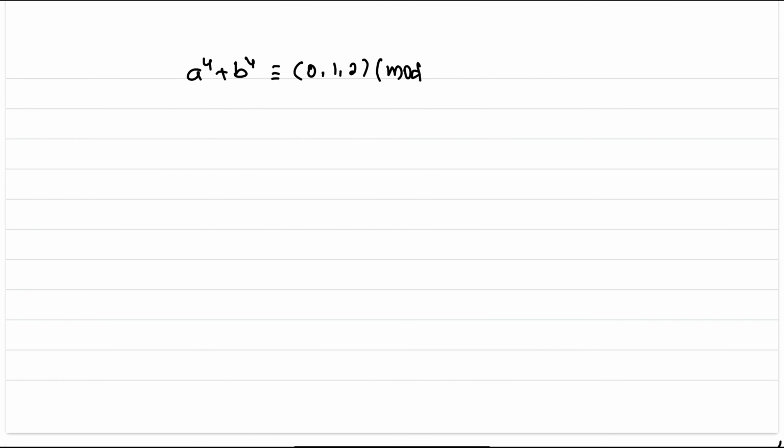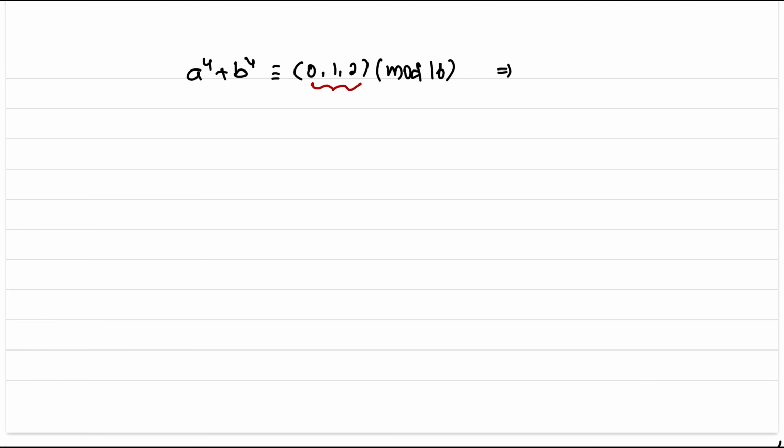Because a to the power of 4 is 0, 1 up to 15, and b to the power of 4 is 0, 1 up to 15, that means 1 plus 1 is also 2 we have to take. These values can be 0, 1, 2. That is the reason why 2 has come here.